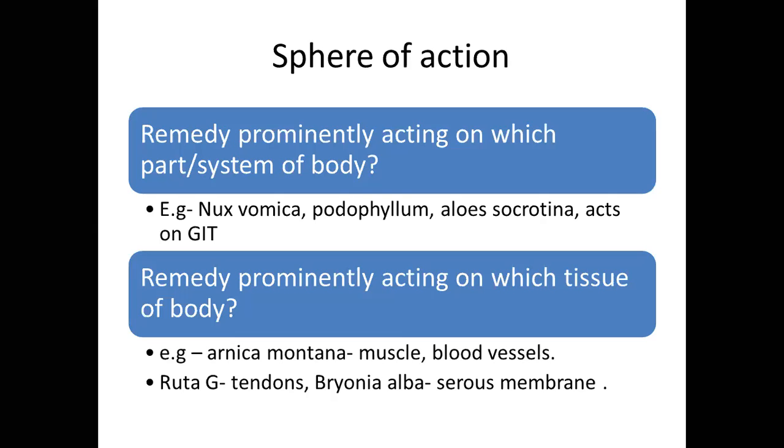So arnica action is more prominently seen on the muscles of the body. To be more specific, it is more prominently seen on the skeletal muscles. Then it also acts on the blood capillaries, usually the end part of blood vessels.